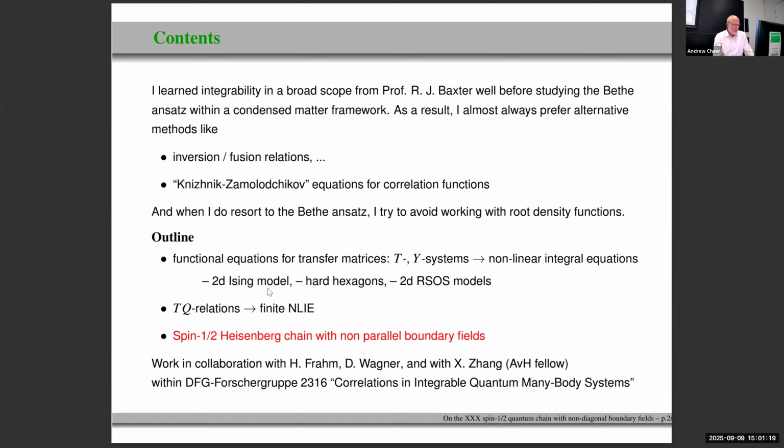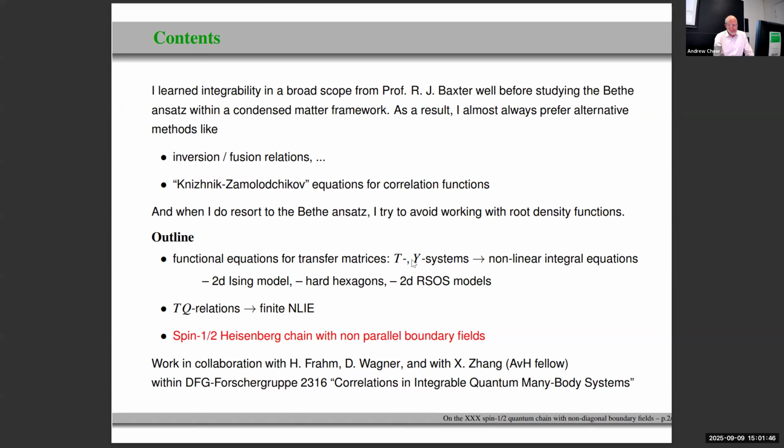In Baxter's book and his papers, you find such relations for the 2D Ising model, for the hard hexagon model, and critical hard squares. Of course, he studied the RSOS models, but I think Paul Pearce and I were those who generalized these relations to all RSOS models of A-type.